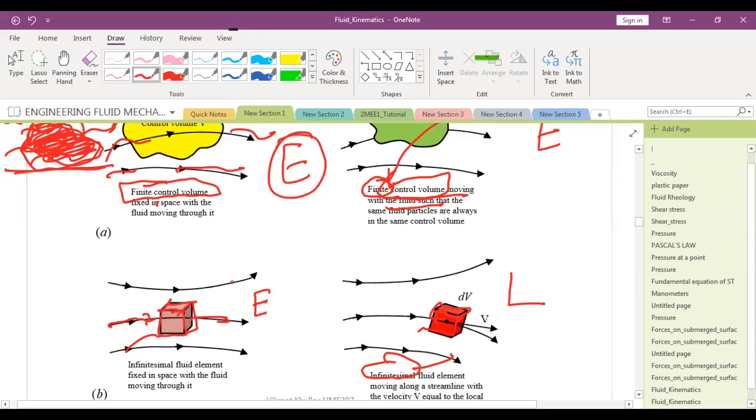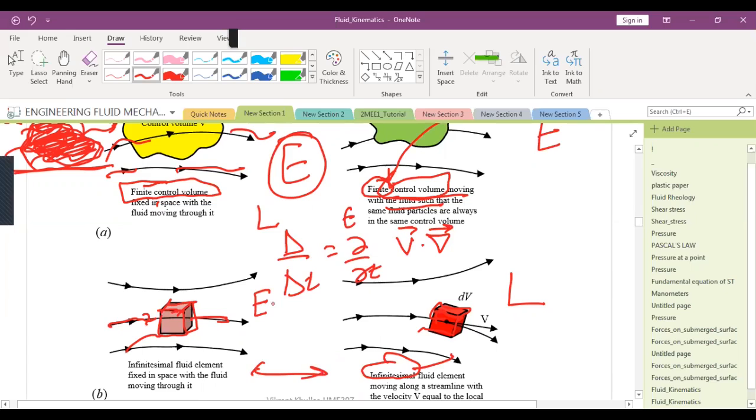Now, if you were a keen observer, let me know: the thing which you studied was a relationship between Lagrangian and Eulerian approach. It was connecting which two? These two or these two?